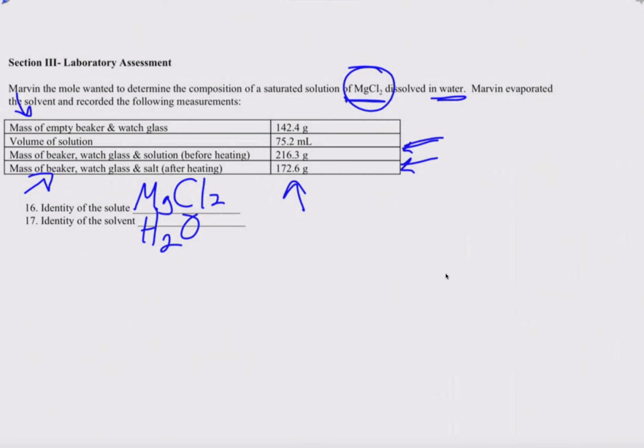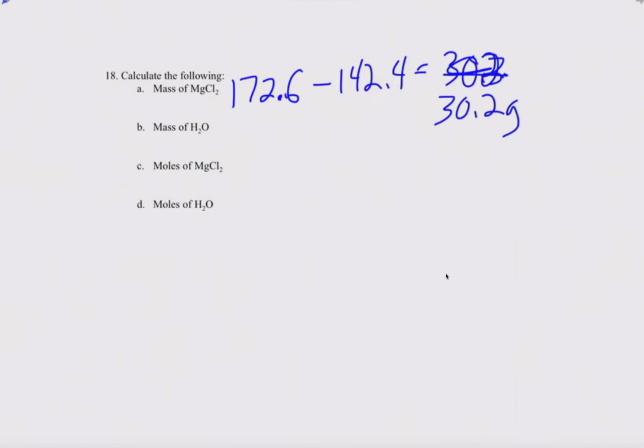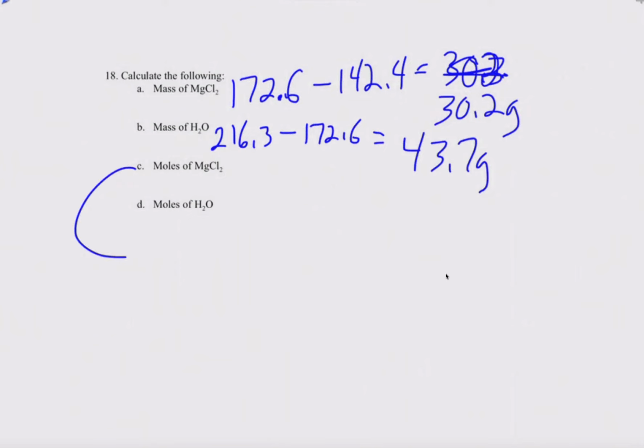So we take the total of the whole solution in the beaker and subtract the beaker and the dried salt, and that would be 216.3 minus 172.6, and that gives us a mass of water of 43.7 grams.